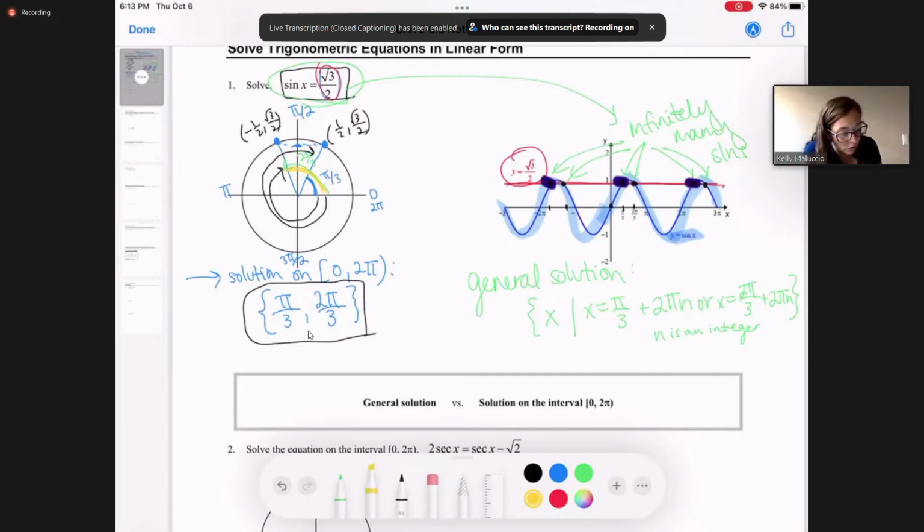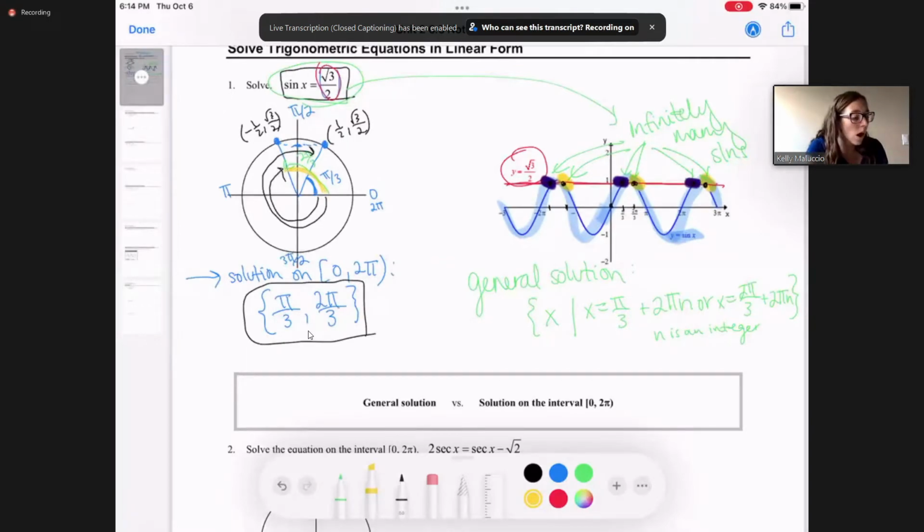Then I go to my 2 pi over 3, which was here. If I add 2 pi, I get this one. If I subtract 2 pi, I get that one. So I could add and subtract 2 pi as many times as I want to these two answers, and then I have all the solutions in the world.